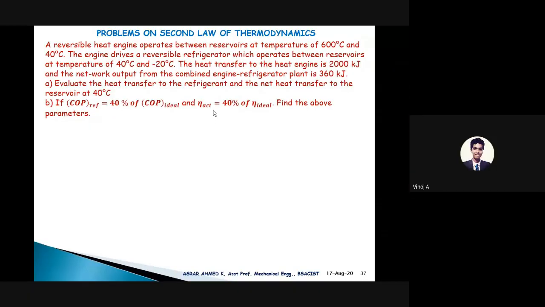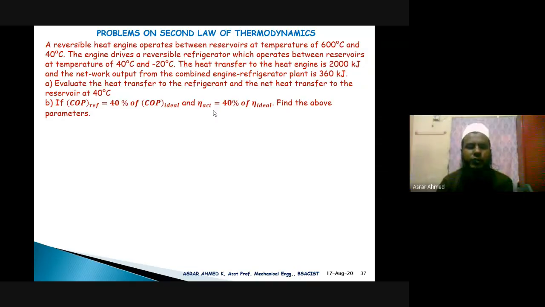Clear, sir. Okay. So the first sentence of this problem is: a reversible heat engine. You have to note down each and every word, because in each and every keyword we have some data. Here a reversible heat engine means it is an ideal heat engine. So all the data related to this reversible heat engine, we are going to find out as Carnot values.